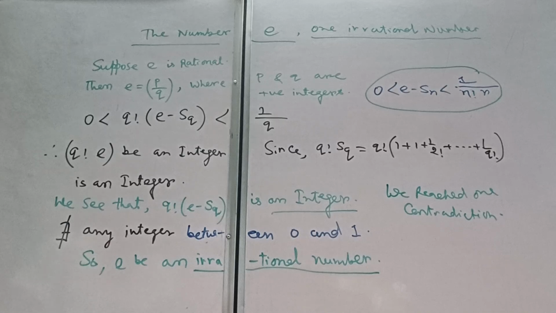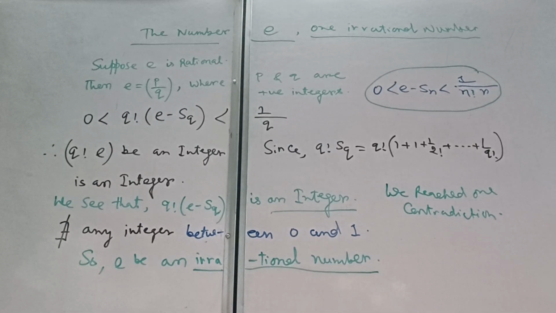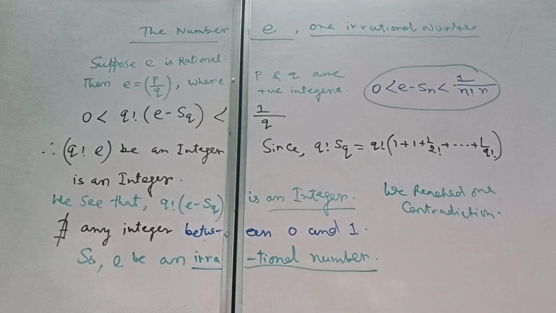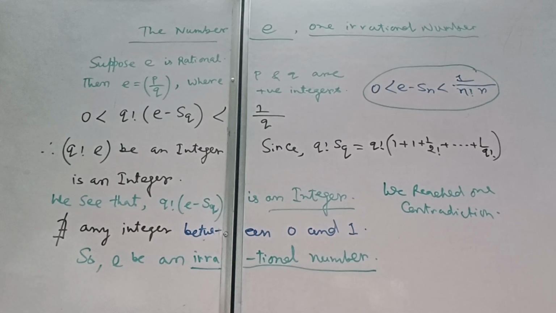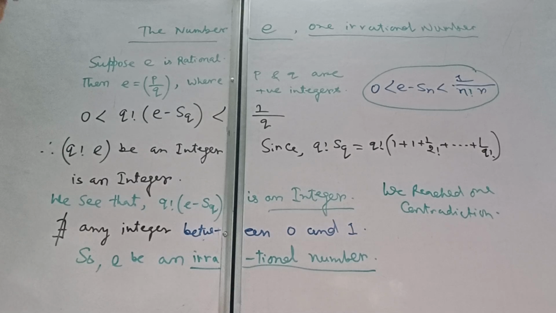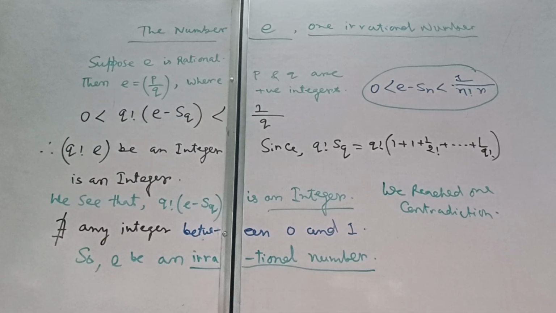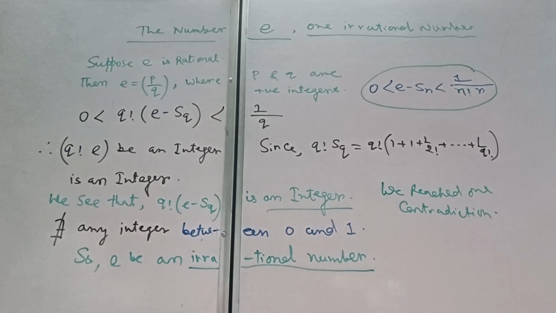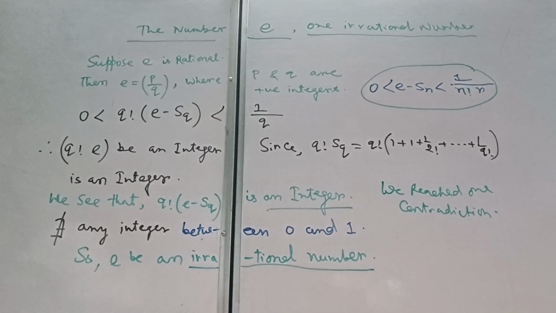And obviously we see that 2 less than Sn less than 3, and e equals the summation from n equals 0 to infinity of 1 by factorial n, and also e equals the limit as n tends to infinity of (1 plus 1 by n) to the power n. So today we discussed the irrational number e.